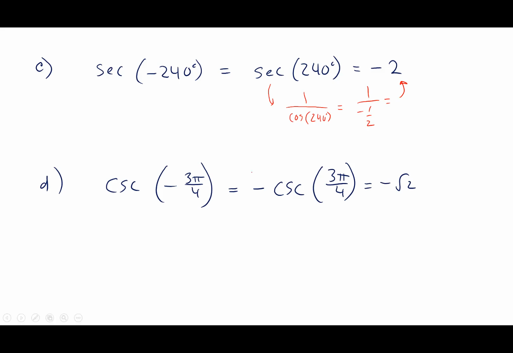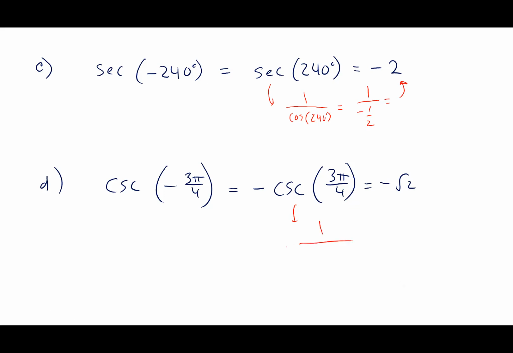Alright, how about cosecant? Cosecant of negative 3 pi over 4. That's an odd function. Odd function, we have to stick a negative on the outside. That's going to be cosecant of positive 3 pi over 4. And again, a little bit of work to do there as well, right?